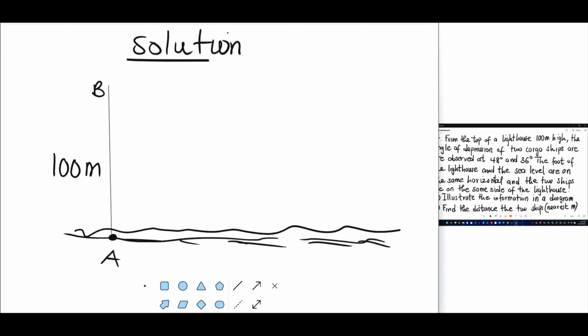Now we also have two cargo ships on the sea, and these ships are on the same side of the lighthouse. So I want to place them on the right-hand side of the lighthouse. We can indicate one of the ships here, because ships always travel on the sea.